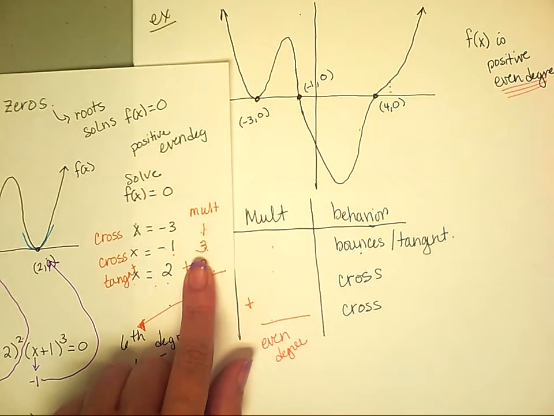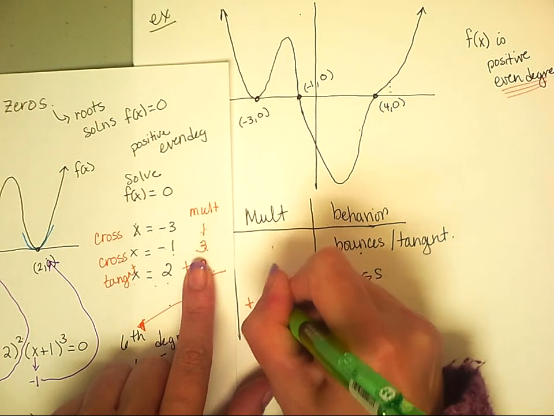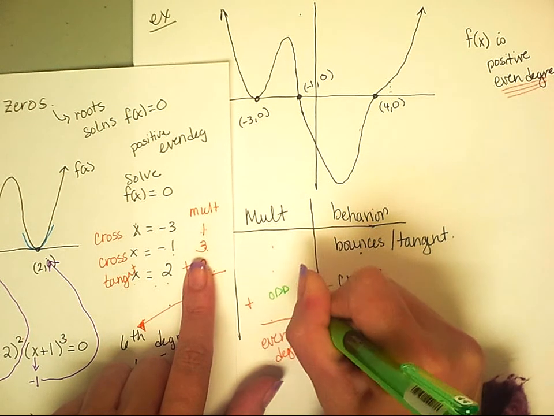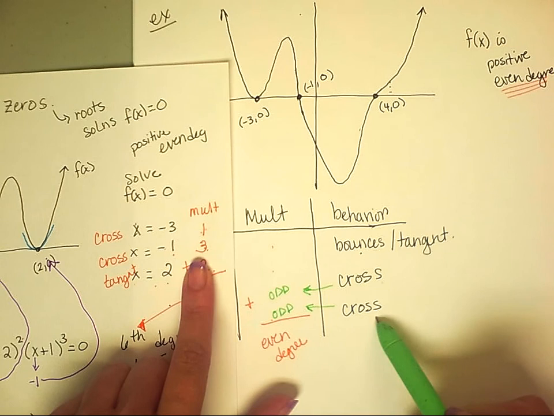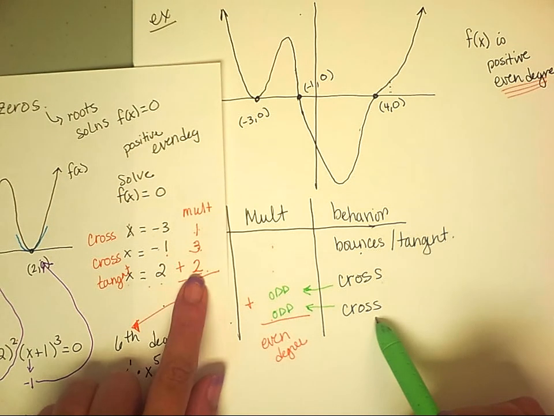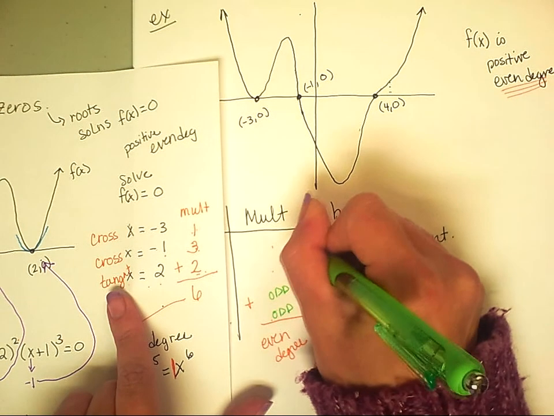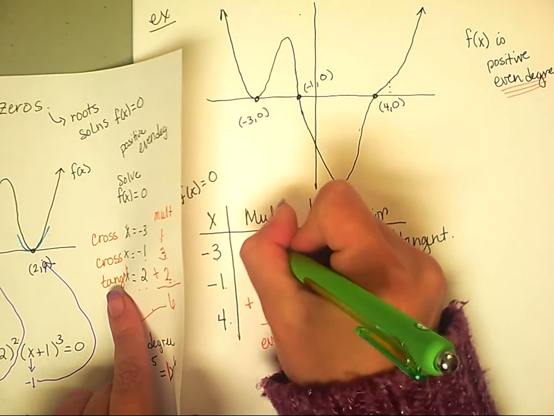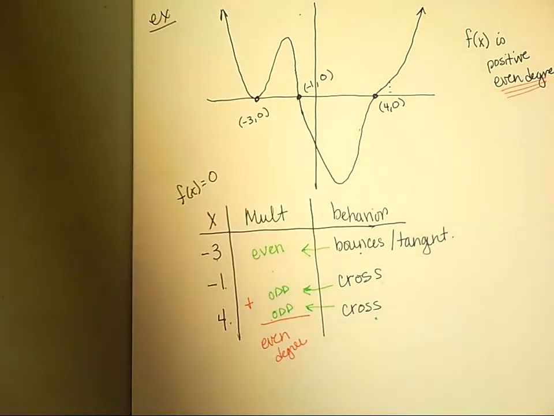And it will turn out that this is true, that I can't say what the number is, but I know this multiplicity has to be odd, and this multiplicity also has to be odd, because of the behavior that they exhibit by crossing. Here, we had a multiplicity of 2, which is even, so we said the graph was tangent, and that is true. Anytime the graph is tangent, it will have to be an even multiplicity.